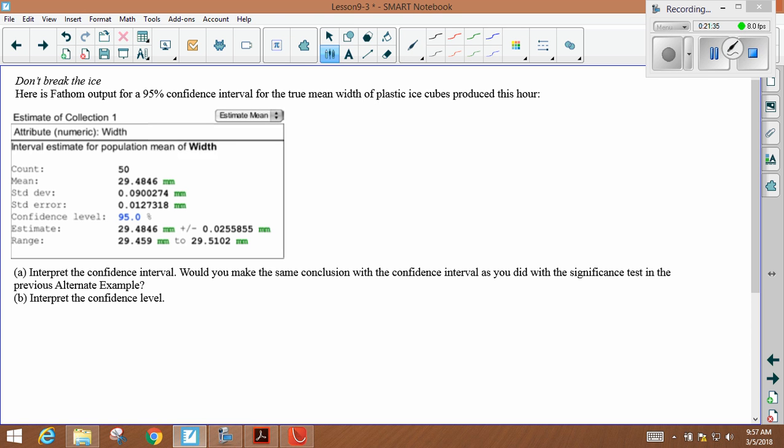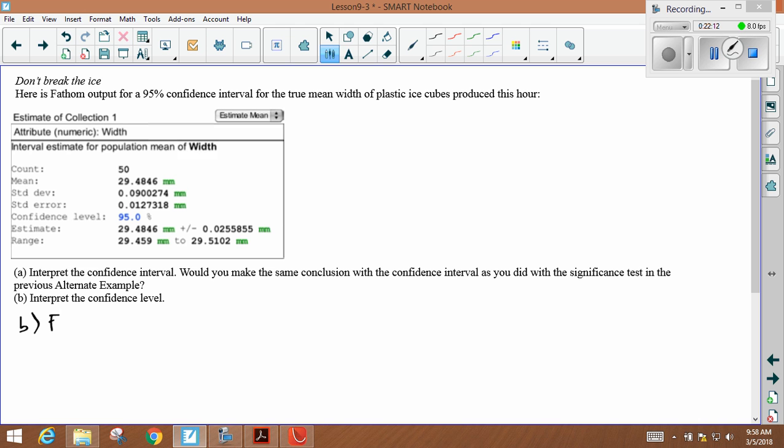So the idea for B is for repeated samples of size 50, yeah, 95% of our confidence intervals that we would create would contain that true mean. Yeah? Okay, cool. Right. About 95% is the only difference that they're saying.